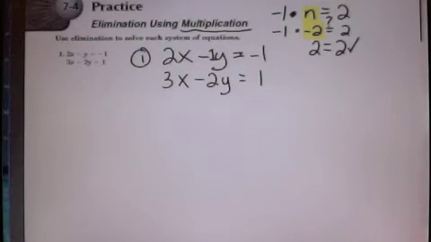So the reason we're having this discussion is I can multiply the entire equation by negative 2 so that I can turn this into a number that I can eliminate. So I'm going to use the distributive property and I'm going to multiply, and that should be a negative 2, all the way across.